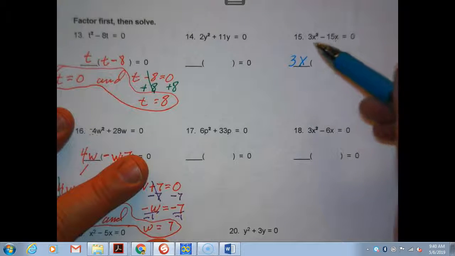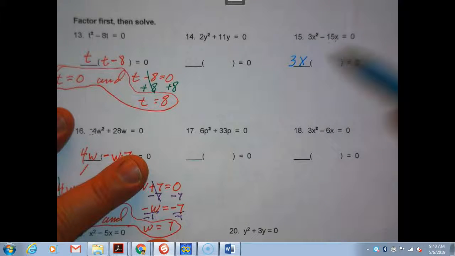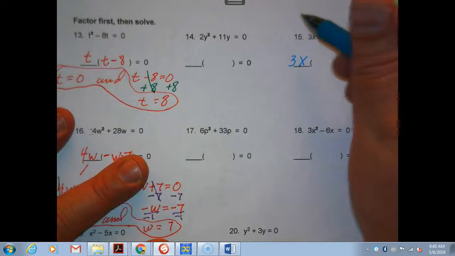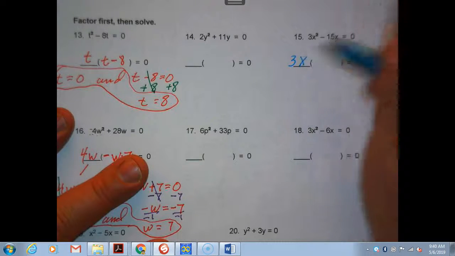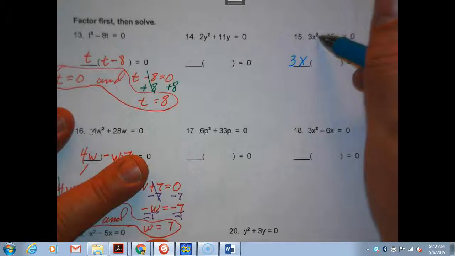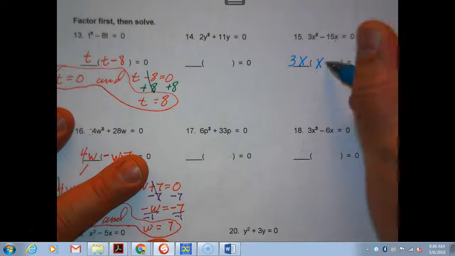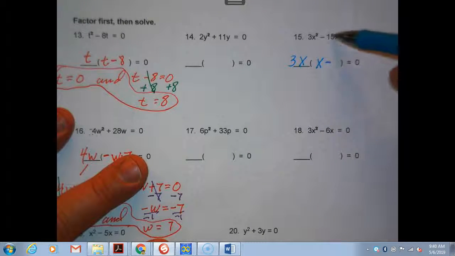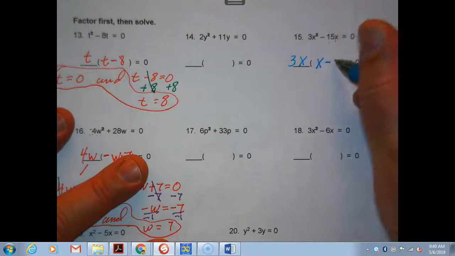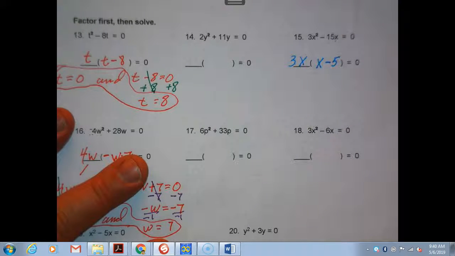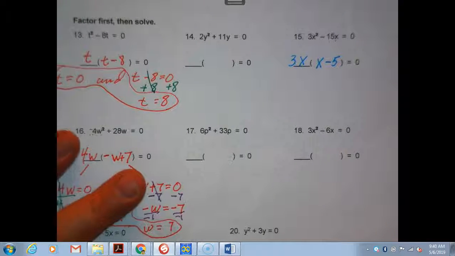So, 3x squared divided by 3x, I'm taking out the 3, 2x here, 1x there, so I'm left with x. 15 divided by 3, 5, and x divided by x, 1. 1 times 5 is 5.